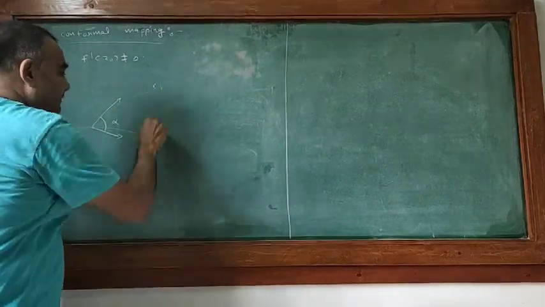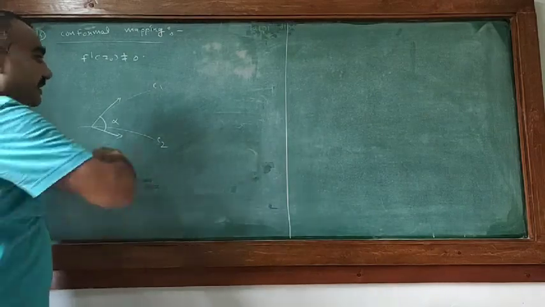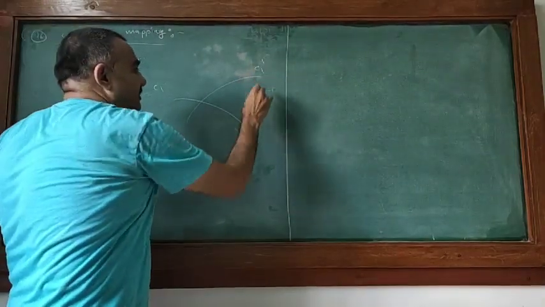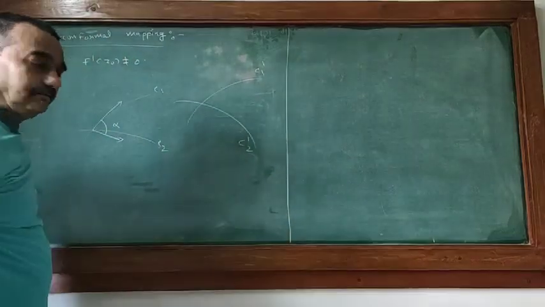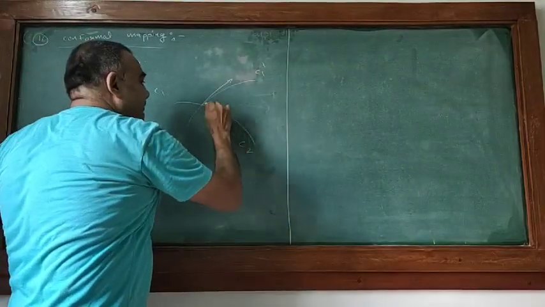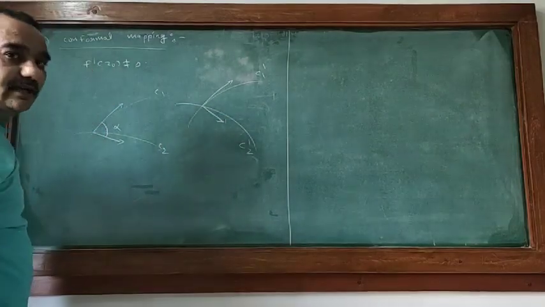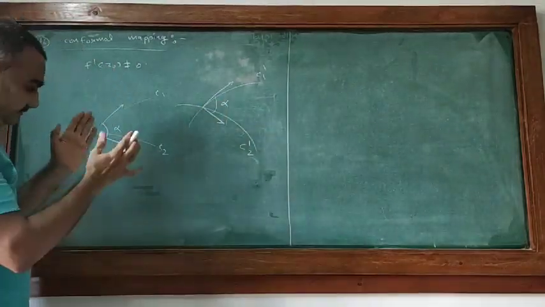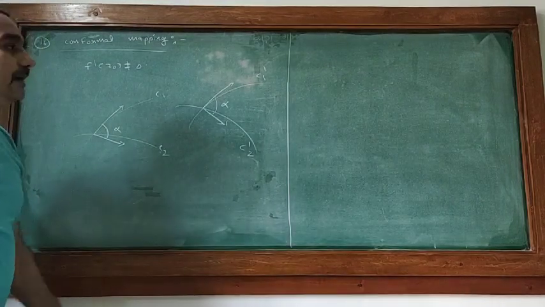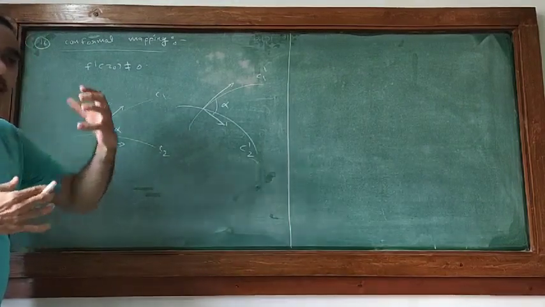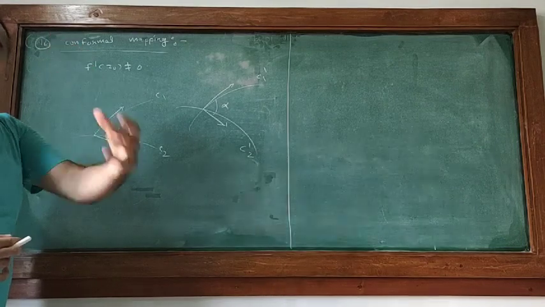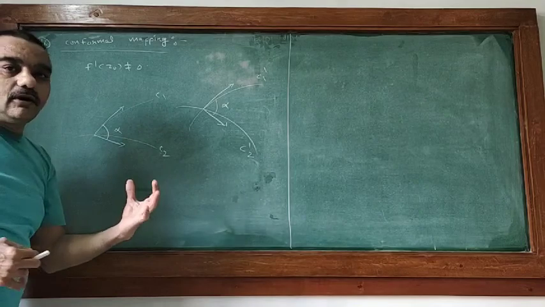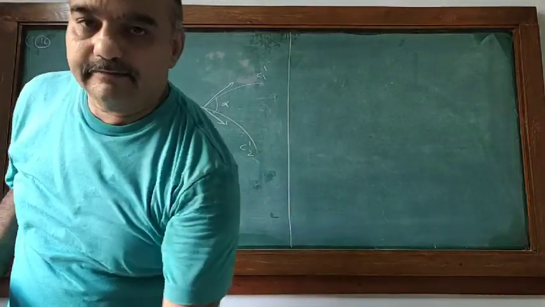Suppose this is C1 and this is C2, and the images under some mapping are C1 dash and C2 dash. If the angle at the point of intersection remains the same, then such a mapping we call conformal. Clear?